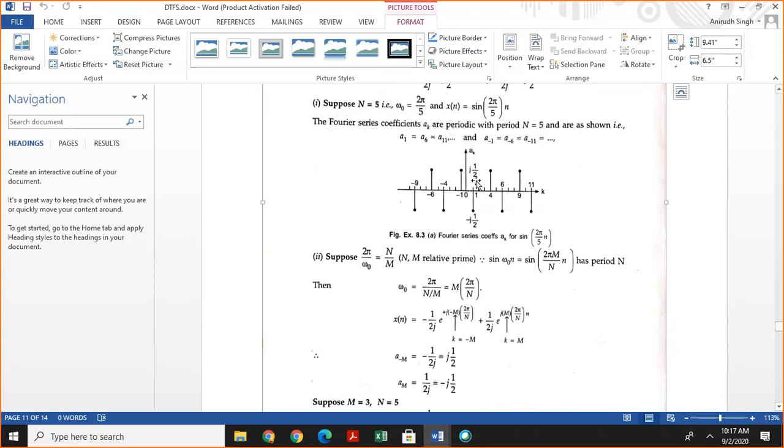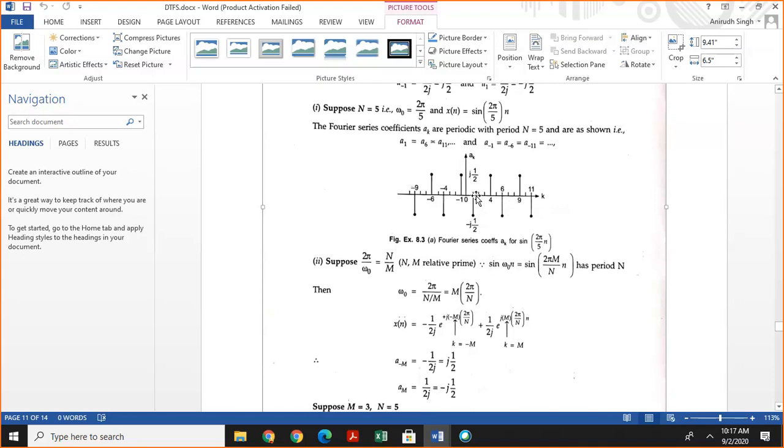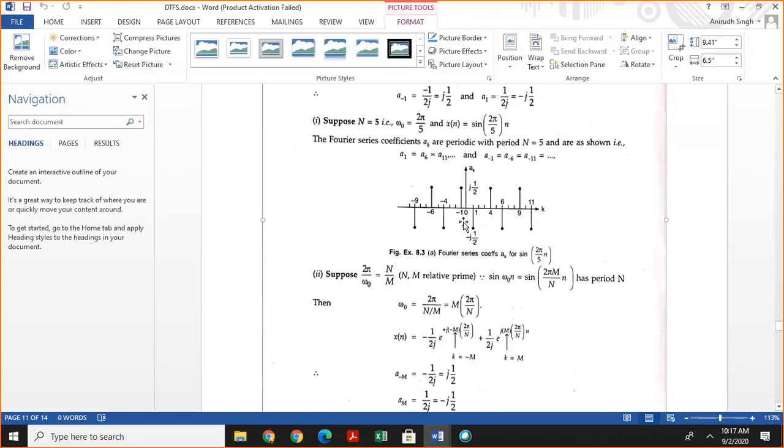Here you see that the value of a1 is minus j by 2, a6 is minus j by 2, and a11 is minus j by 2.